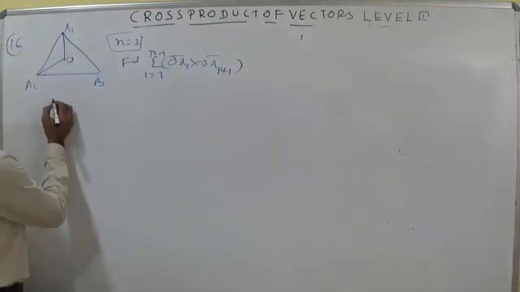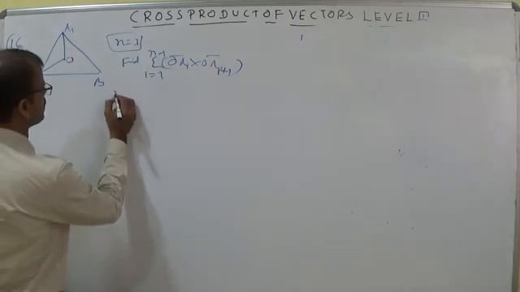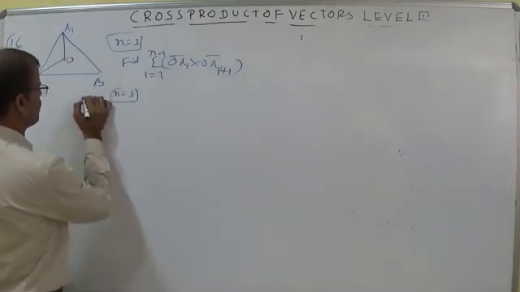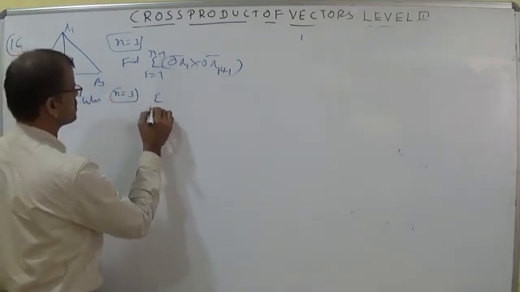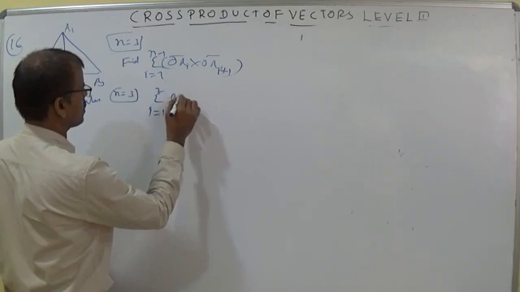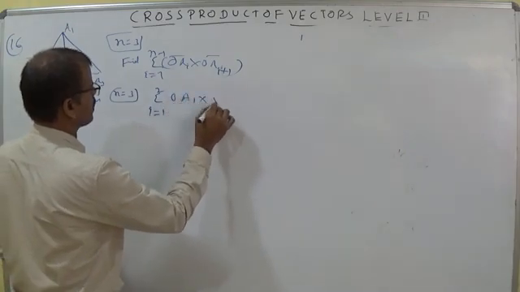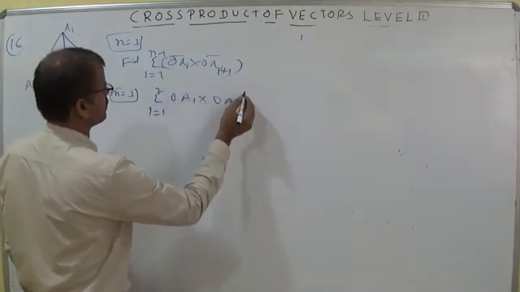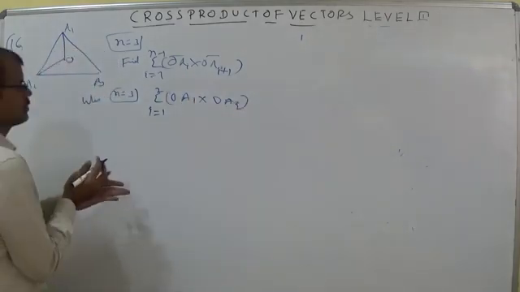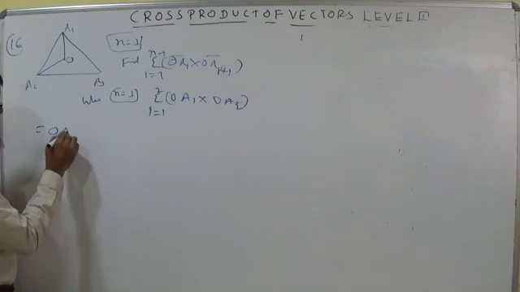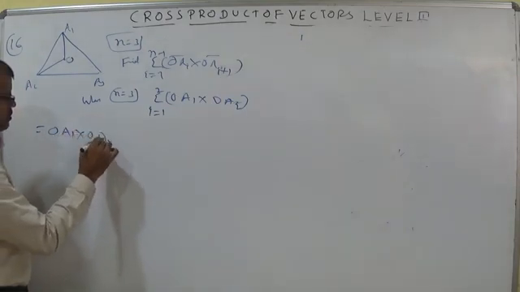Let us discuss the case when n is equal to 3. When n is equal to 3, sigma i is equal to 1 to 2, that's all. There is no question of sigma, only two letters: OA1 cross OA2.